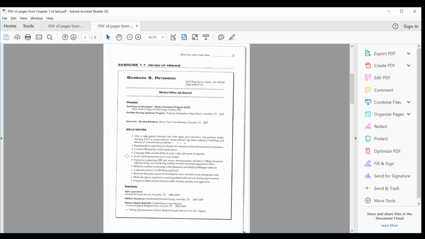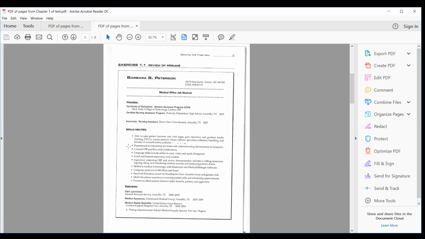So I would find a way to get it. And we all know it's not very hard, but it is something that I wouldn't put in. Let's see. Okay. Experience in completing tax forms and communicating discrepancy to taxpayers. Nothing to do with the medical office. Take that out. I would pull that out.